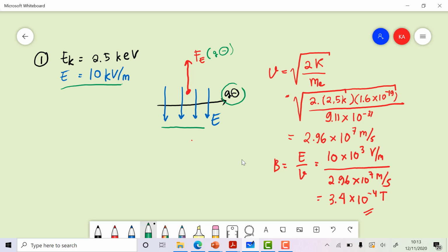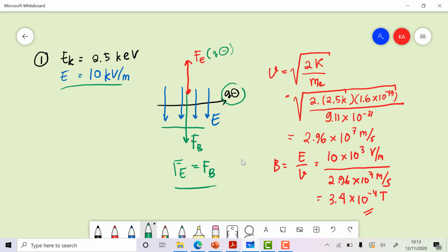So Fe must equal Fb, so the electron moves horizontally in x positive.